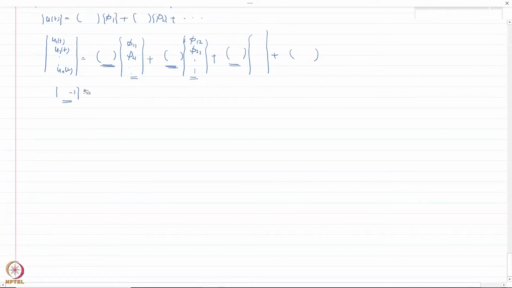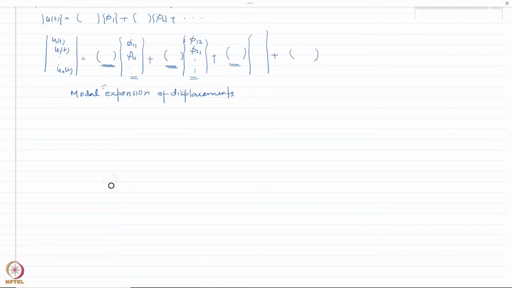This, what we have written here, is called modal expansion of the displacement. And let us look at how to get those factors.